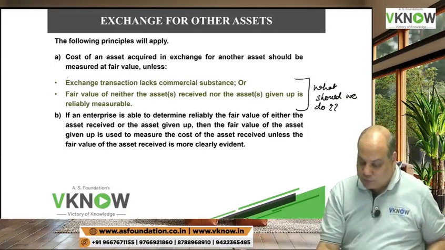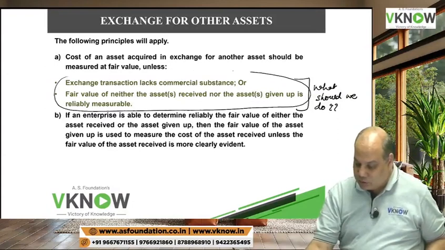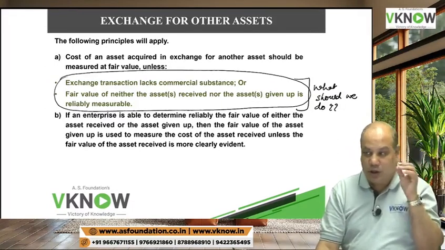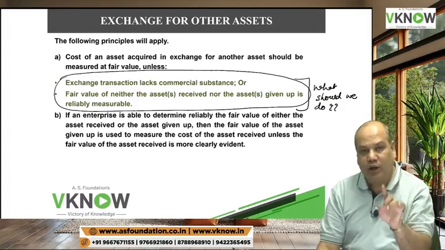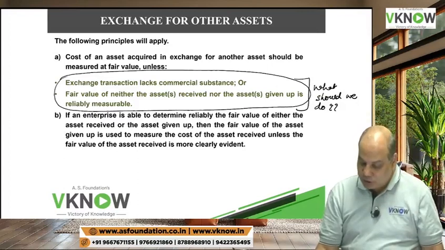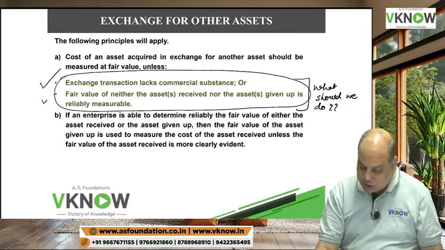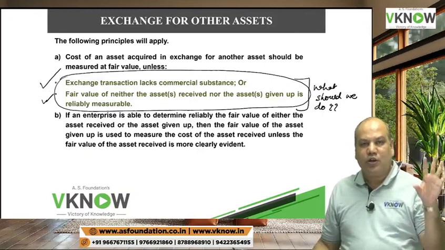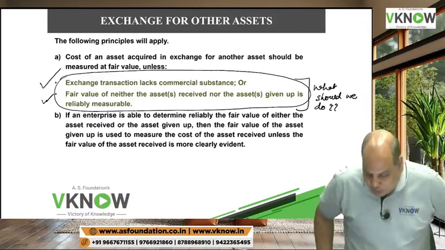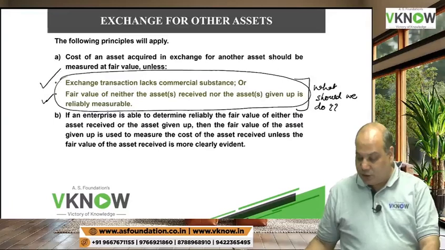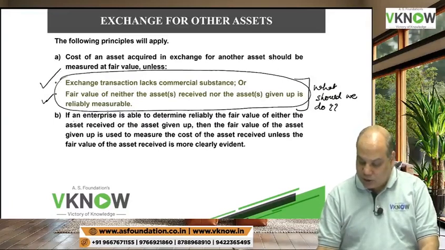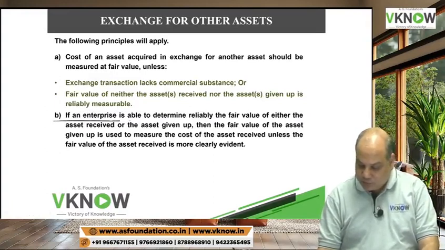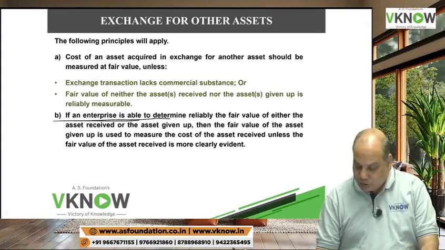I have to ensure first there is commercial substance and at least the fair value of one asset you can find out. Now suppose these conditions are fulfilled. Condition fulfilled means the transaction has commercial substance and fair value can be identified.